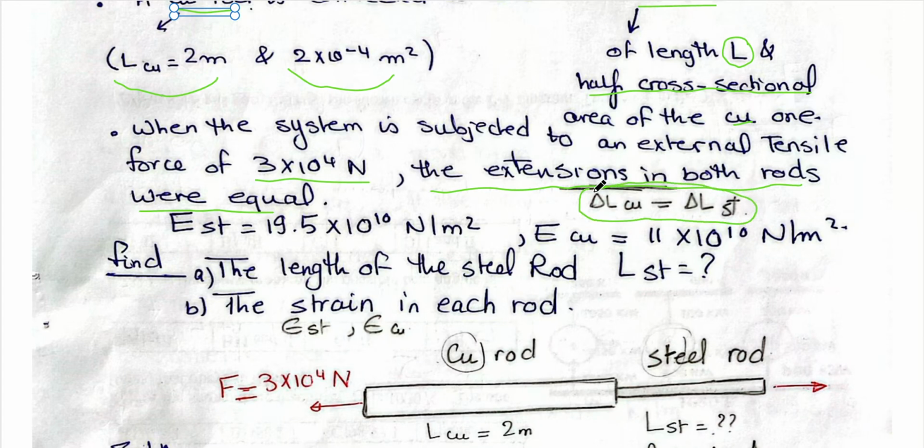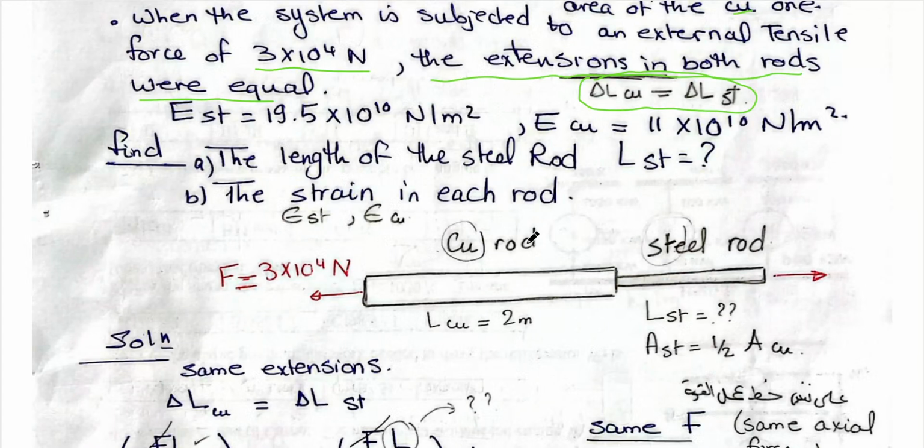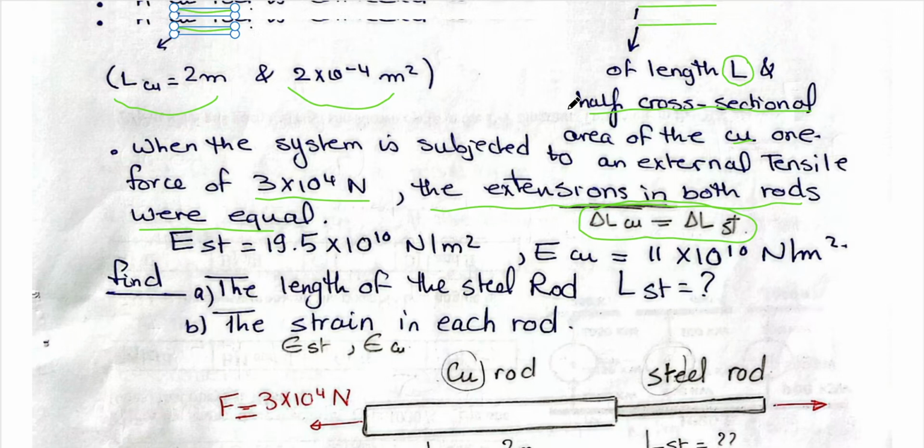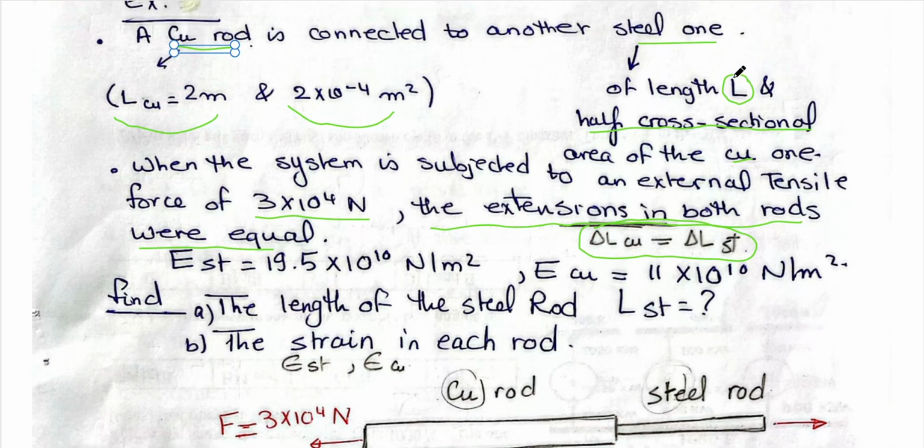E for steel is given and E for copper is given. This is Young's modulus for steel and this is Young's modulus for copper. It's required to find the length of the steel rod. We noted before that the length of the steel rod is unknown. We want to find it.